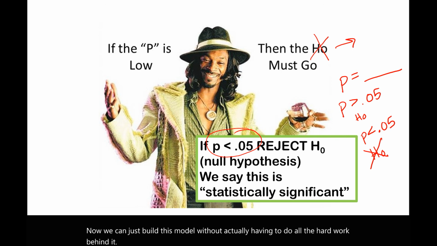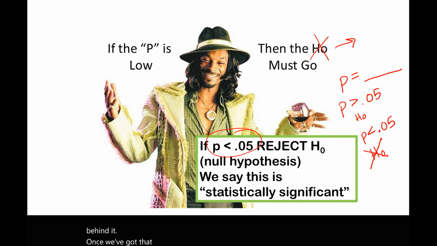Once we've got that model representing the null hypothesis, if the null hypothesis is true, these are some results that we might see. Some results happen very often and are therefore pretty likely to happen. And some results only happen every once in a while. They're really rare and they're really weird.